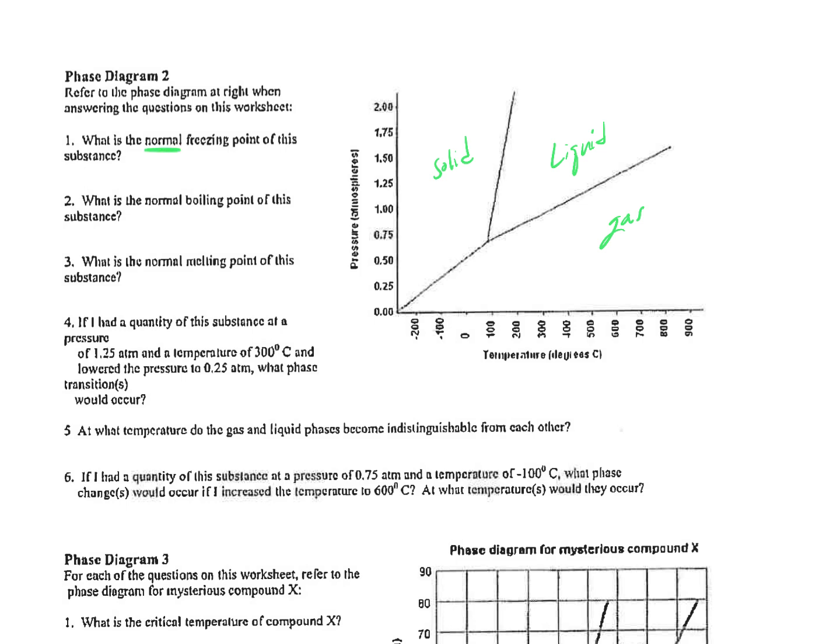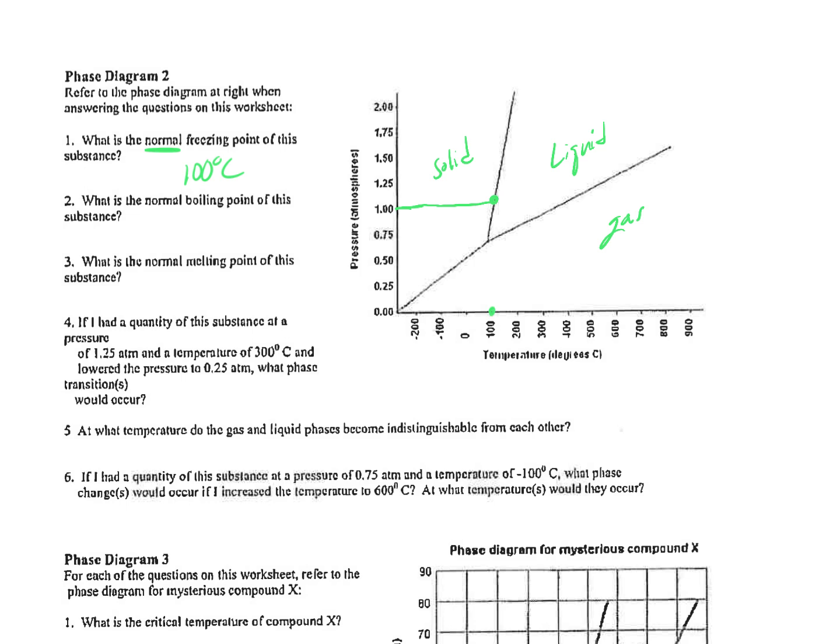Normal means at 1 atmosphere. Going from solid to liquid, that looks like we're at about 100 degrees Celsius. This is clearly not water, right?